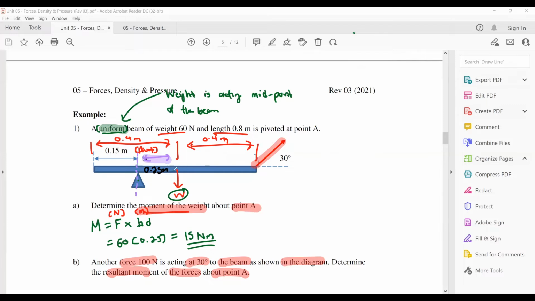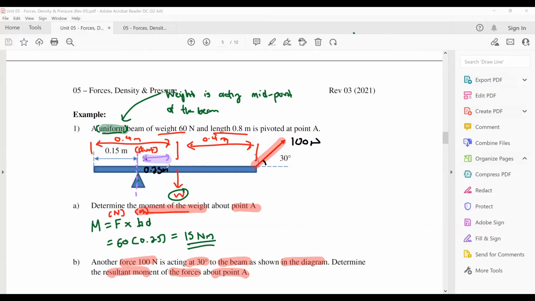Okay, now you have a force of 100 Newton acting at an angle of 30 degrees to the beam. There's something wrong with the diagram here. The 100 Newton went away and then the angle actually went off the diagram. Okay, so the 100 Newton is this one acting at an angle 30 degrees.